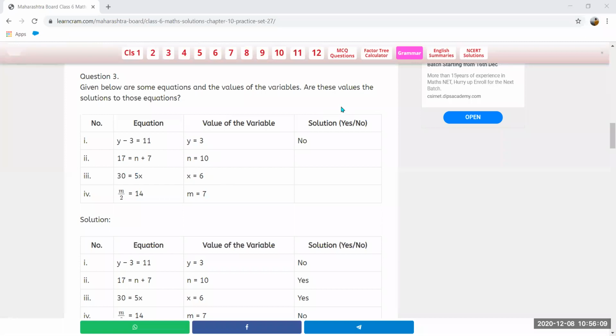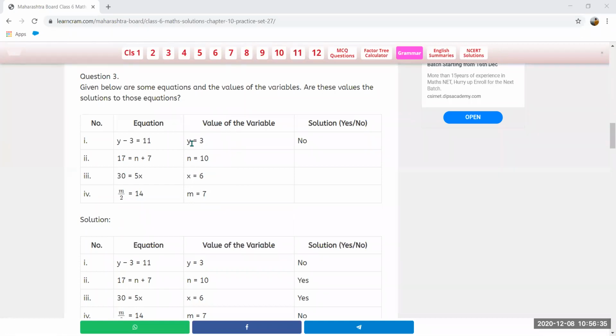Are these values the solution to those equations? Means they ask the question: whatever values they have given, y is equal to 3, n is equal to 10, x is equal to 6, m is equal to 7, are these values the solution to those equations?